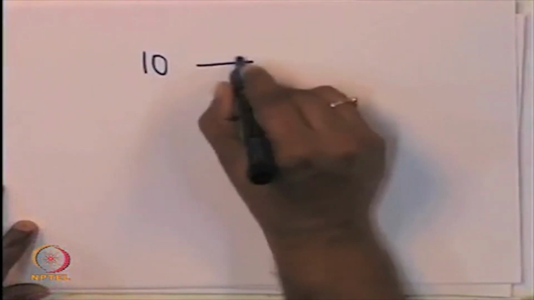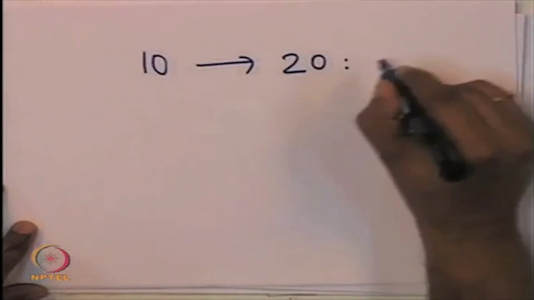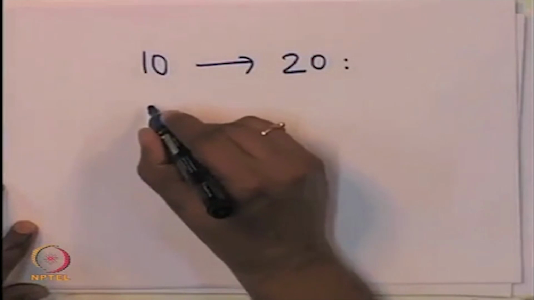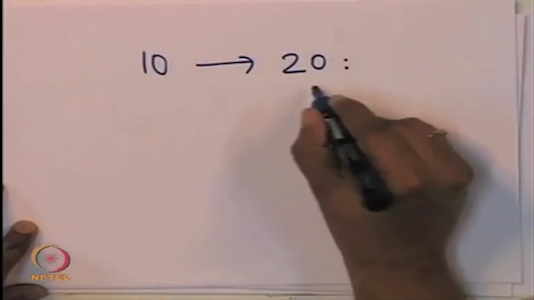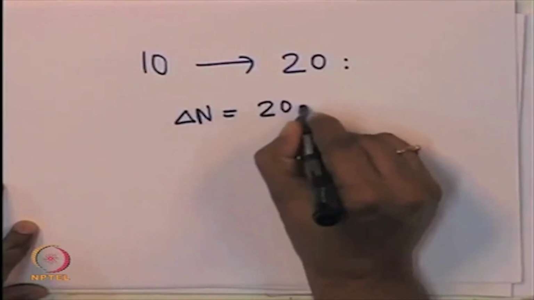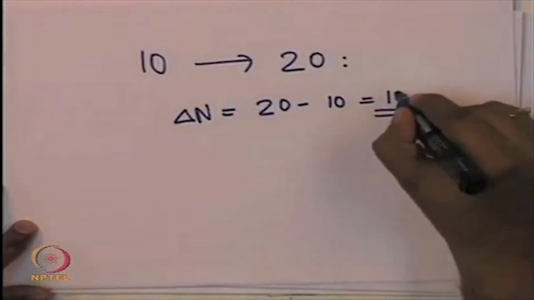If there are 10 bacteria, they divide and go to 20. So, the difference in numbers: we began with 10 and then became 20. The difference in number is 20 minus 10, which is 10. So, the change in number is 10.